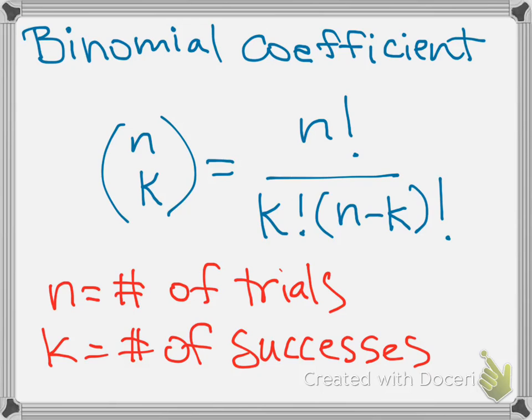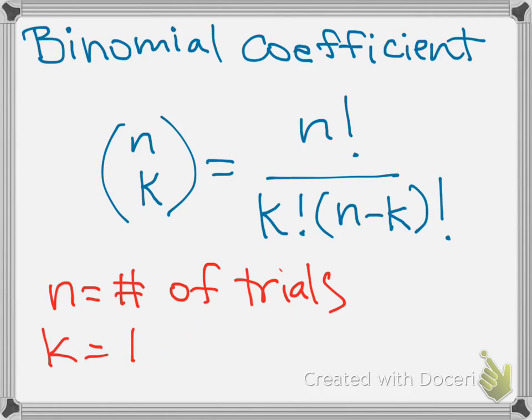So let's say that we wanted to go back to my dice rolling example. We had 4 trials, and maybe I want to know how many possible ways could we get 3 successes. So that would be 4 choose 3. Actually, I'm going to go ahead and do that example down here at the bottom.